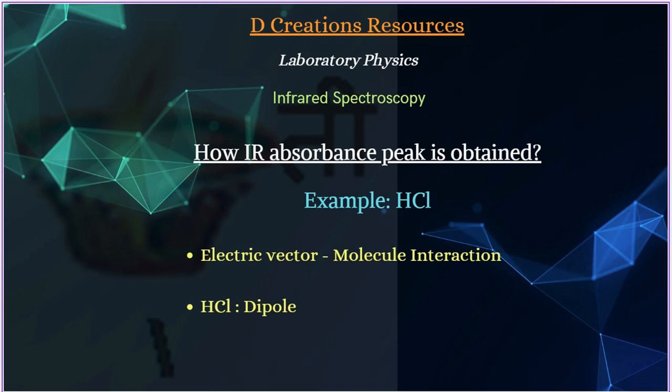Now, before the interaction of the radiation and this particular molecule, the molecule HCl was at rest, and the infrared photon had energy h nu. After the interaction, the photon has been absorbed and its energy has been deposited into the HCl molecule as bond stretching motion.